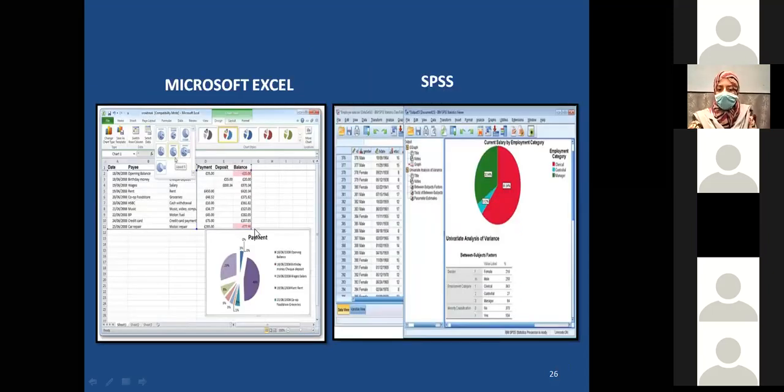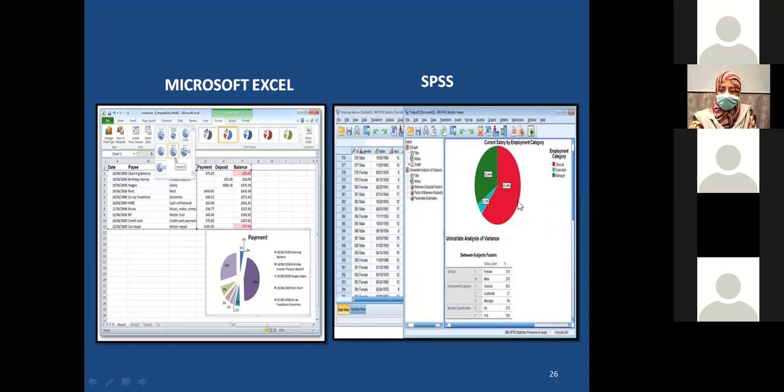And then you have data presentation on different software, for example, Microsoft Excel and SPSS. I've just given this example of a pie chart that can be shown on Excel or on SPSS. You can have different types of graphs: histograms, bar charts, you name it.